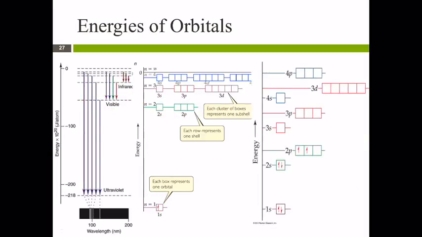As soon as we look at any element with more than 1 electron in it, we find that these 2 n equals 2 subshells are no longer degenerate. We can see over here that 2 electrons in 2s are more stable than 2p. Pause for a second and try to think about why that might be.